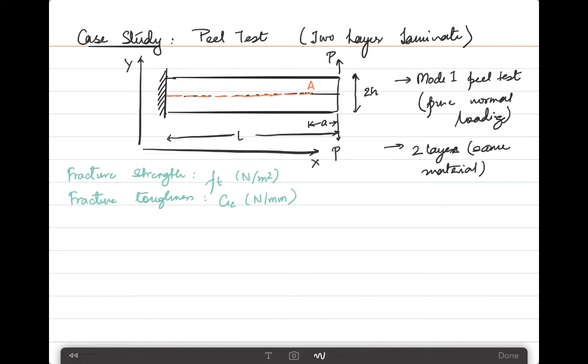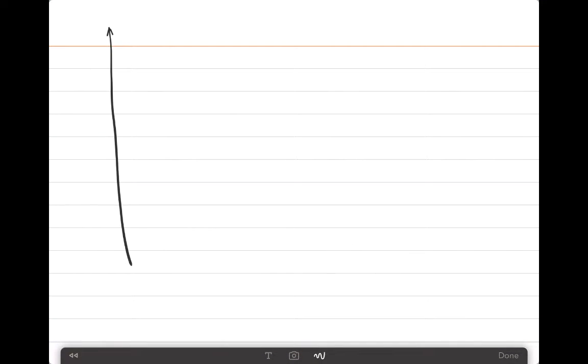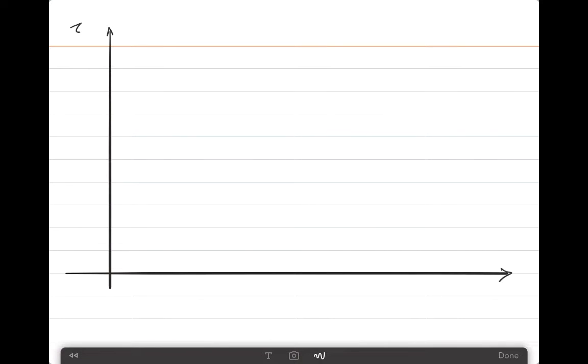Now let's look at what my result would look like if I carry out a finite element analysis for this particular model. Let's say I'm looking at a shear stress, tau xy, and I have the displacement here, delta y, in the y direction.